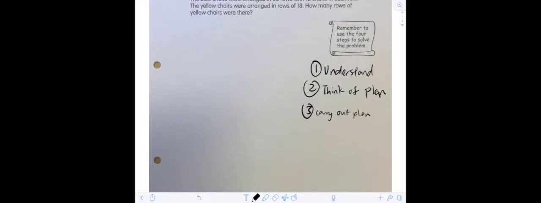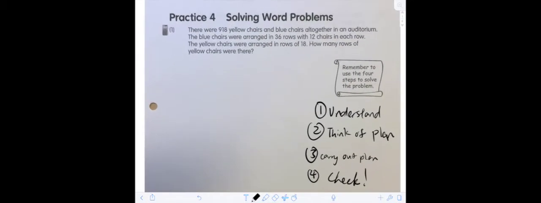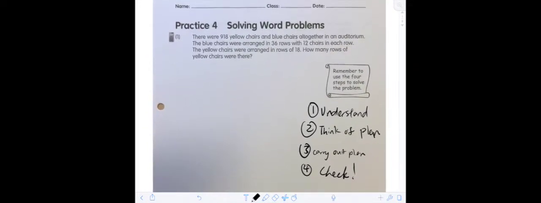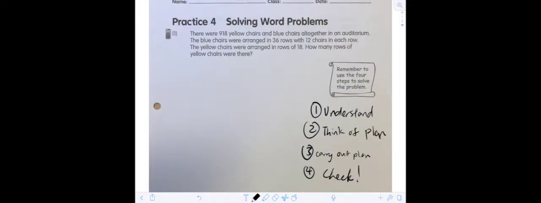And lastly, the fourth step is to check. With these 4 steps, you shouldn't have any problems with most word problems, because all word problems follow these 4 steps. Looking at question 1, first you have to understand the problem.